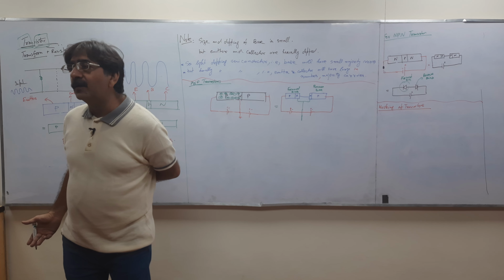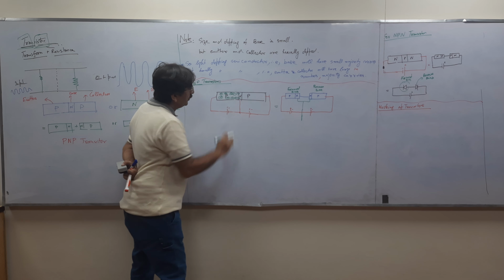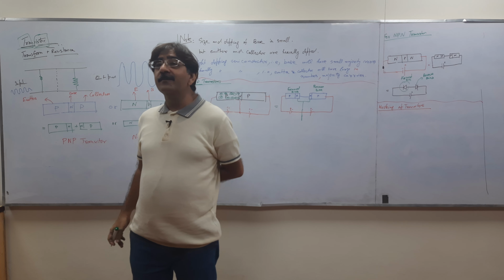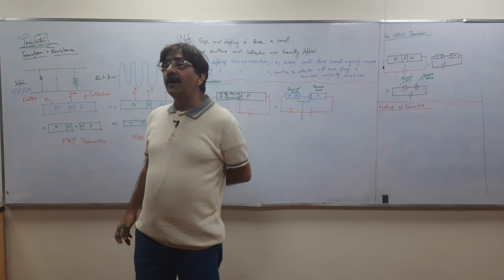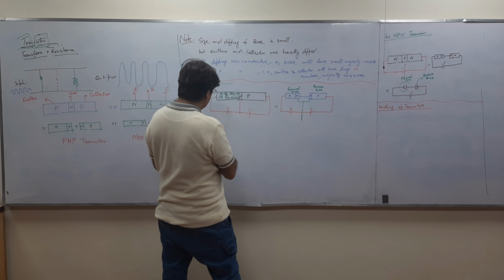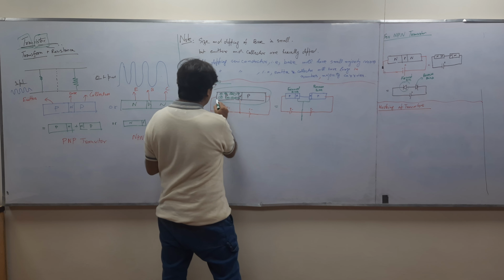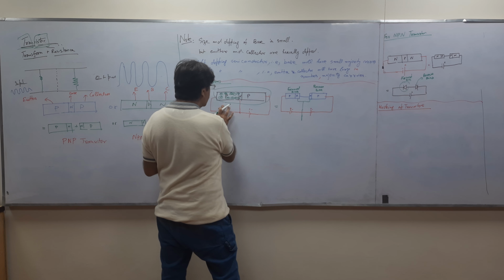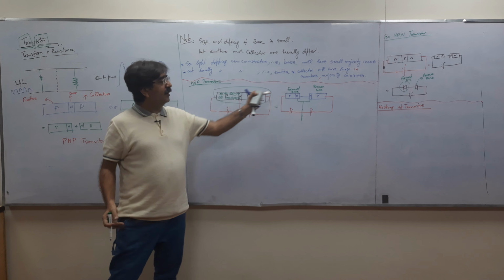I have already explained. Okay, the base is negatively connected and this is positively connected. So the majority carrier will move toward the N region. That is actually the combination of a PN and an NP diode.